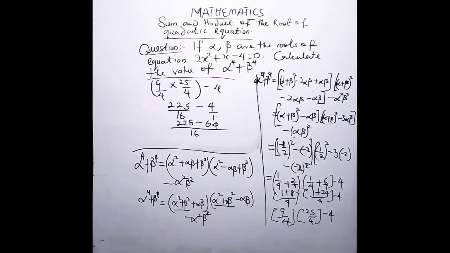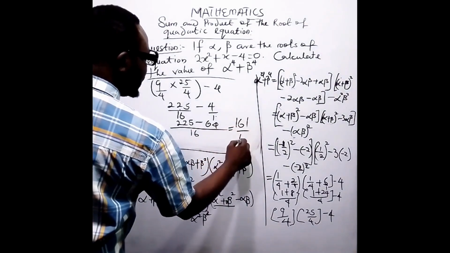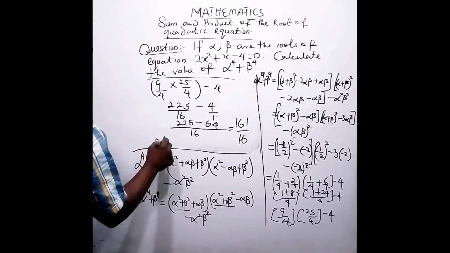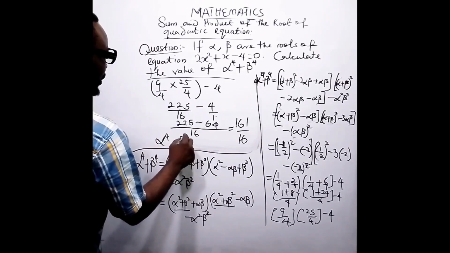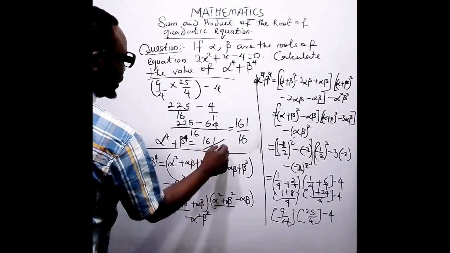Subtract 64 from 225. 225 minus 64 is equal to 161 over 16. So the value of alpha raised to the power 4 plus beta raised to the power 4 is equal to 161 all over 16.